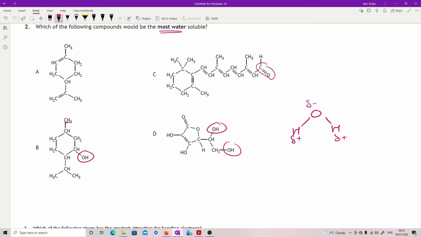This one's got a carbon double bond O, which is a little bit more polar than your C to H's, but it's going to be way outweighed with an O to H. So this one is going to want to be more associated with the water, so therefore is going to be the most water soluble. It doesn't necessarily mean it's going to be super soluble, but it is going to be soluble. Sorry, I've not coloured those ones in as well. Okay, so definitely D.